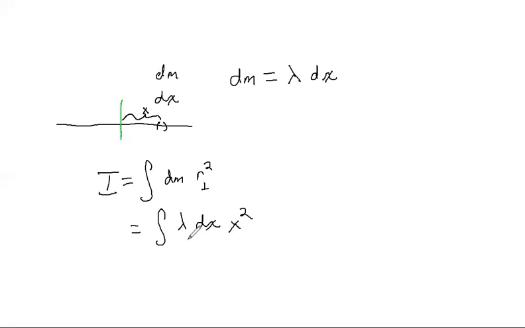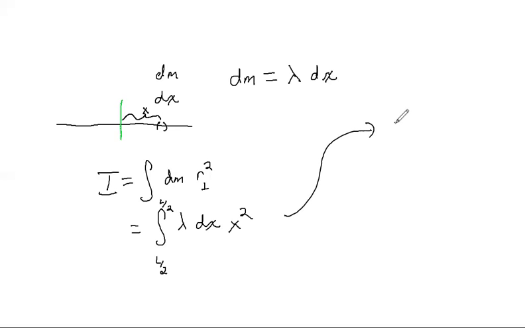And then I just rearrange this and integrate. The total length is L, and our perpendicular distance, or x, ranges from minus L over 2 to L over 2. So I'm going to rewrite this here.